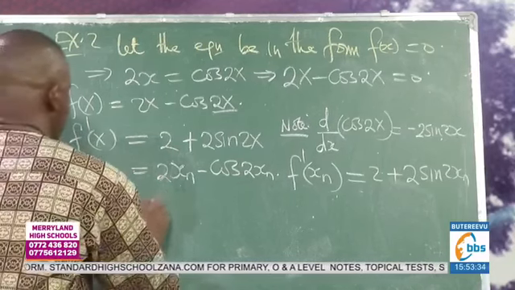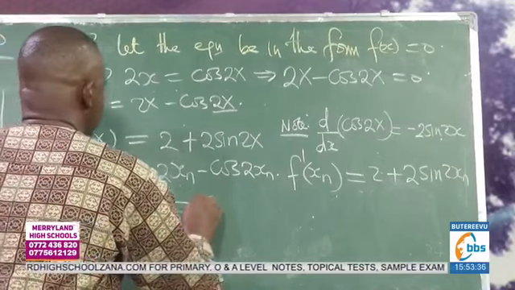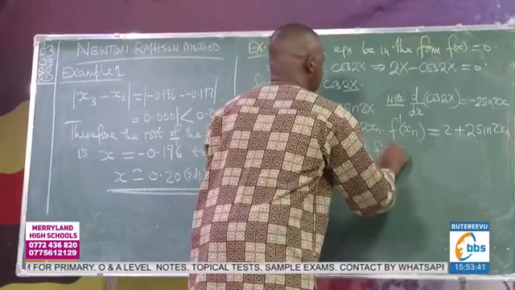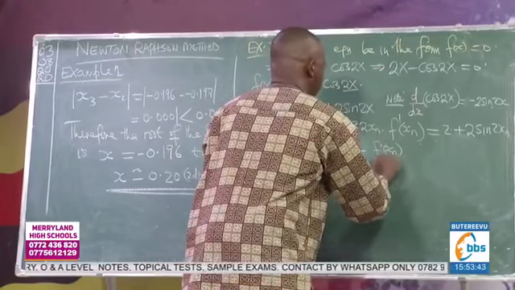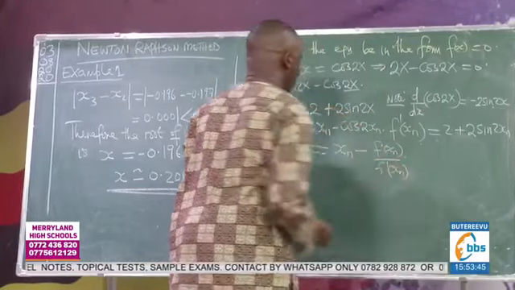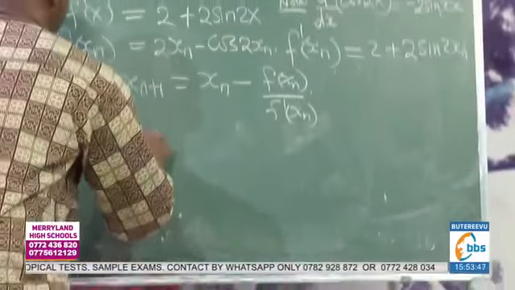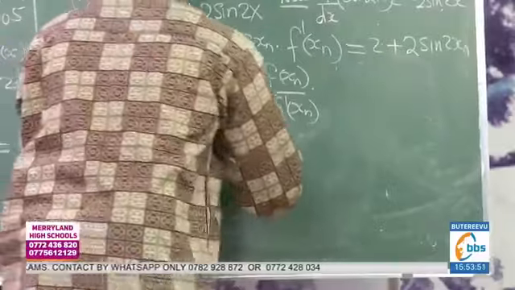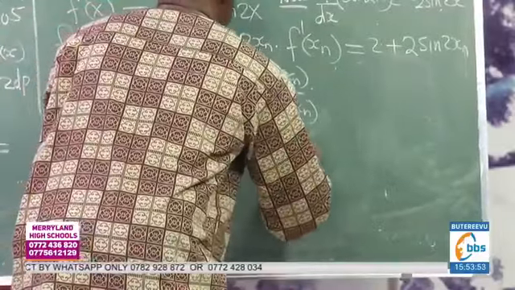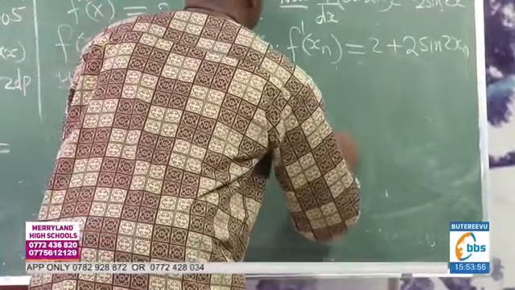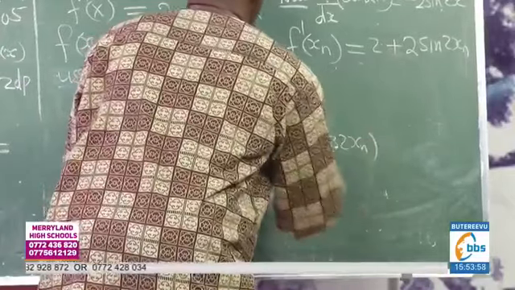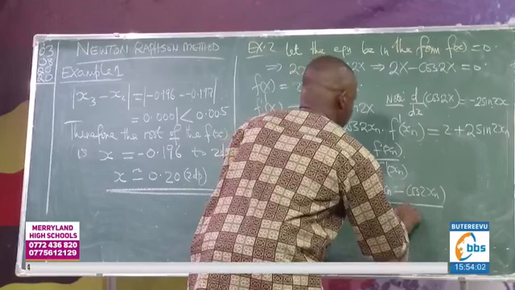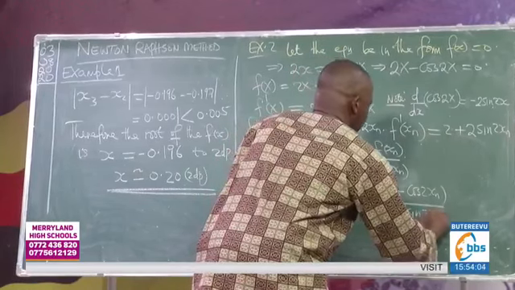So using xn plus 1 is equal to xn minus f of xn over f prime of xn, we can get this expression as xn minus (2xn minus the cos of 2xn), the brackets should not be forgotten, over 2 plus 2 sine of 2xn.